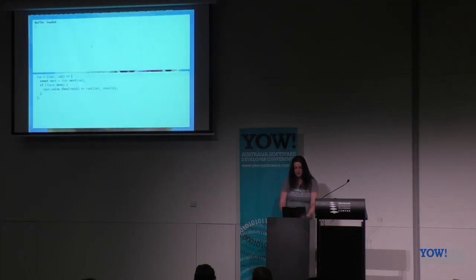So there's a new thing, not in ES6, but in browsers in general, called the Fetch API. And that replaces the wonderfully named XMLHttpRequest, which is how you would make HTTP requests in the bad old days.